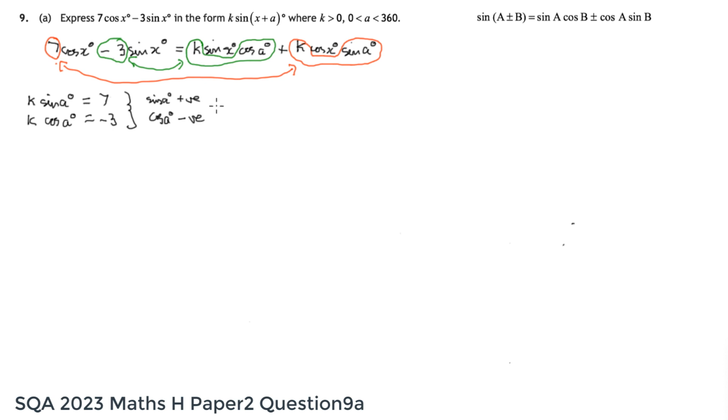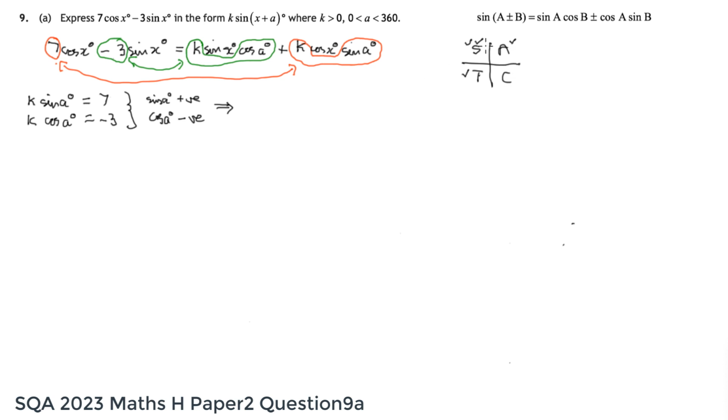Now that tells us something. It tells us exactly the quadrant the angle A is in. There's several ways we could do this, but you possibly know the CAST diagram. Sine, cos, tan are all positive in the first quadrant, only the sine's positive in the second quadrant, in the third quadrant tan's the only positive one, and cosine's positive in the fourth quadrant.